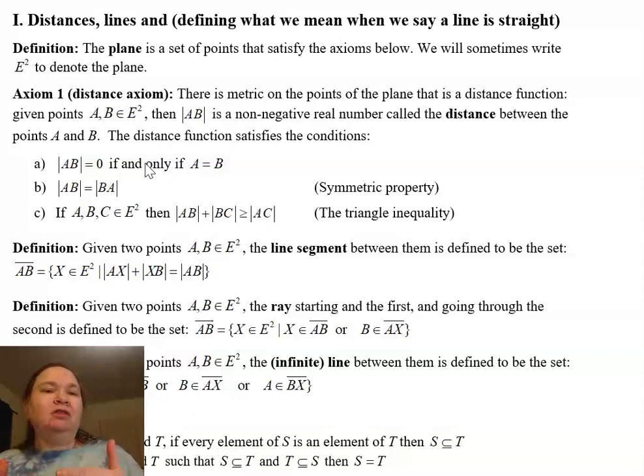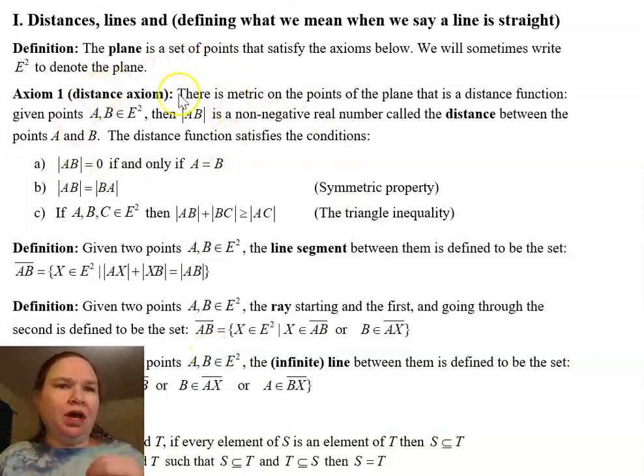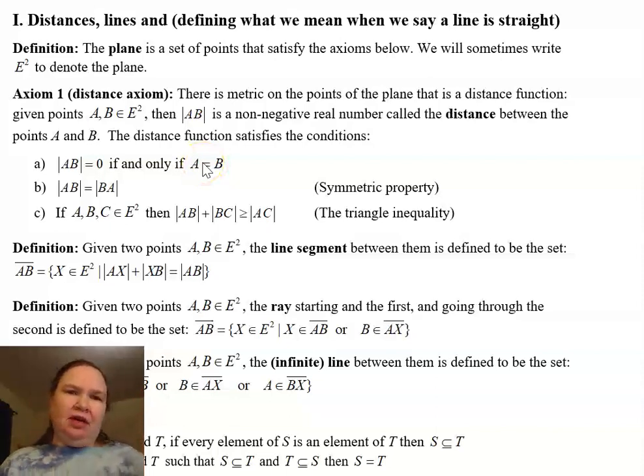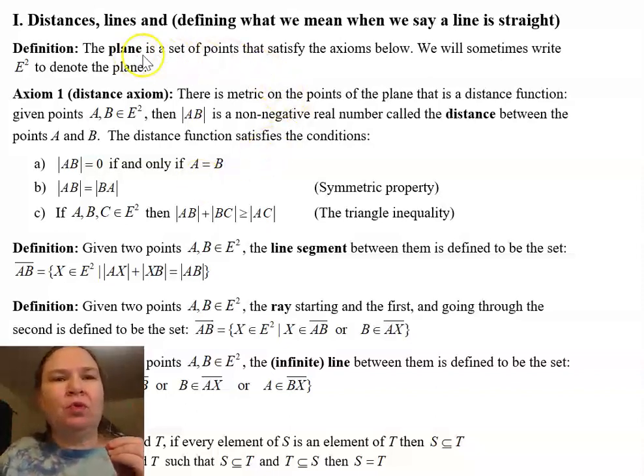But what we want to talk about and learn about and prove things about is things that do satisfy these axioms. So here we have this one axiom, the distance axiom. In mathematicians' speak, it's saying something like we have a space with a metric. So we have a plane, which is a set of points.